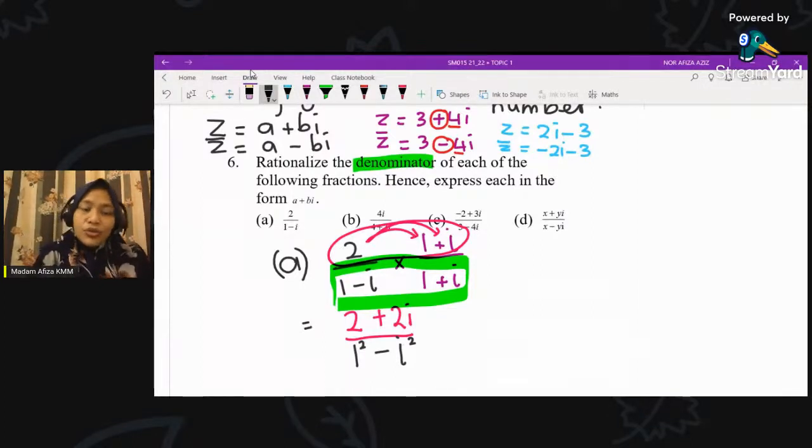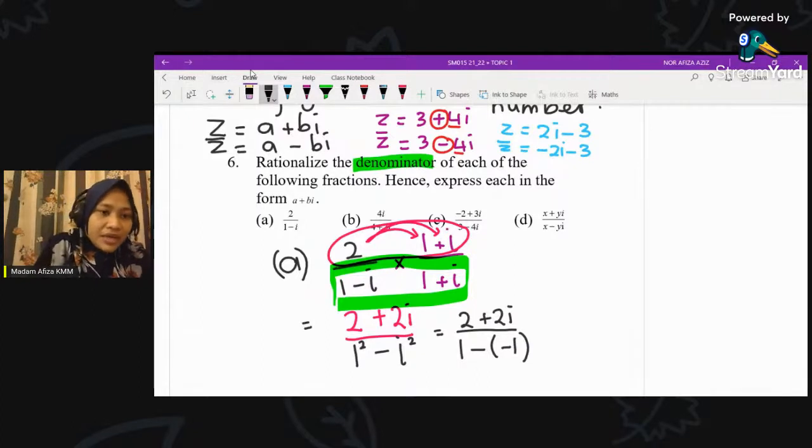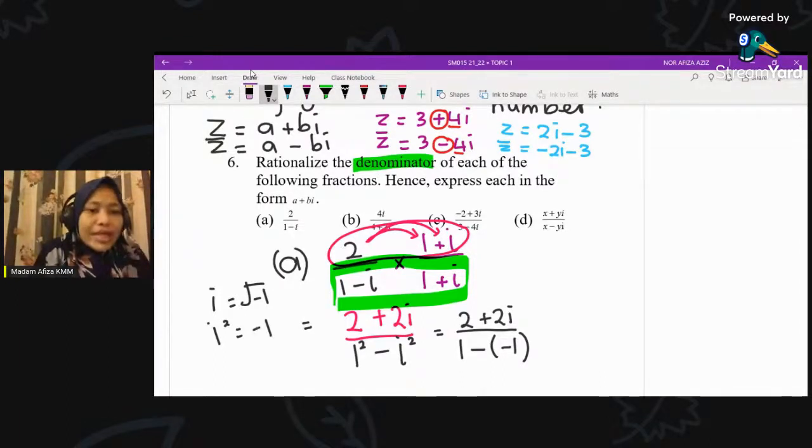So we will try to solve. The numerator is just the same, 2 plus 2I. But the denominator, 1 squared is 1, minus I squared is negative 1. Remember, we have the rule over here: I is equal to square root of negative 1 and I squared is equal to negative 1.